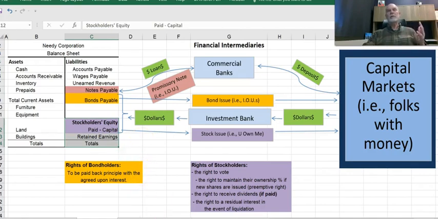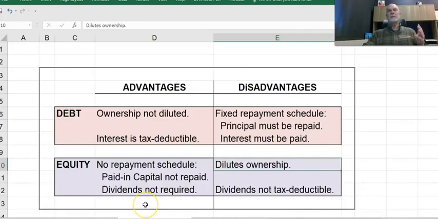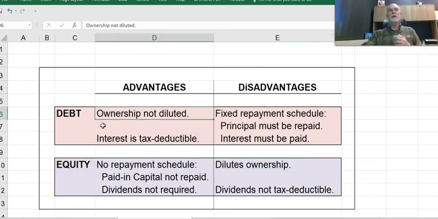So, putting all that together, let's say a company is trying to decide if they want to borrow money or issue stock. Well, they're going to go to the investment banker, someone who's an expert in finances, and get some help in making that decision. But at the core, if they borrow money, the nice thing is they're not giving up ownership.